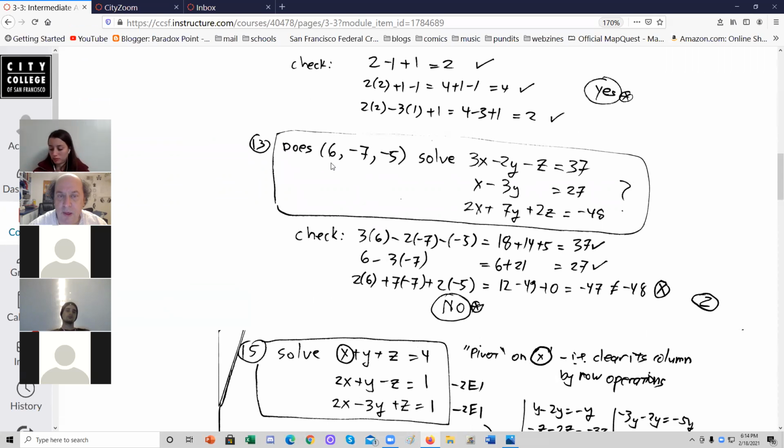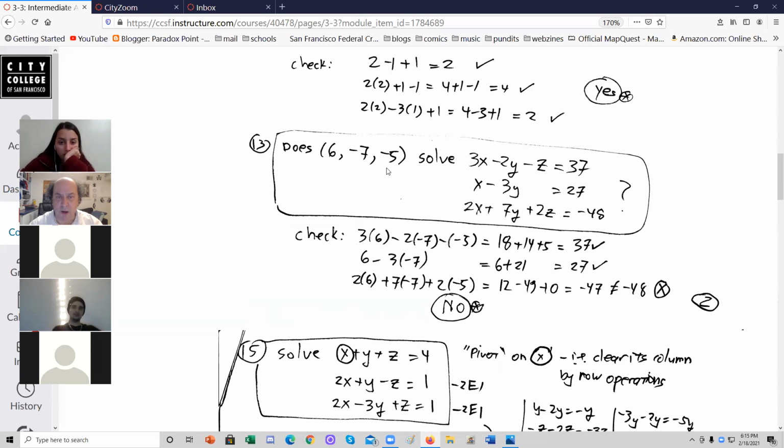Now here's (6, negative 7, negative 5). Does it solve this system? 3x minus 2y plus z equals 37. x plus 3y minus 3z equals 27. 2x plus 7y plus 2z equals negative 48. Long story short, you plug 6, negative 7, negative 5 into the first equation and it checks. You plug it into the second equation, and again it checks.